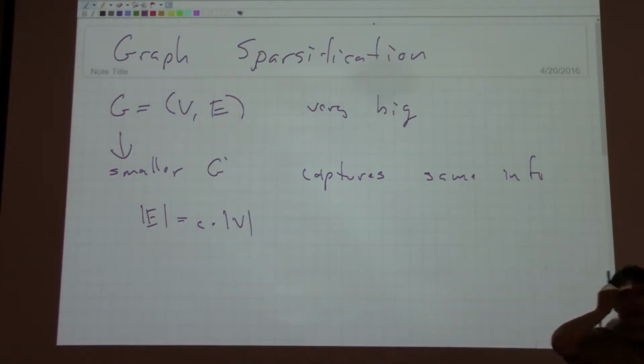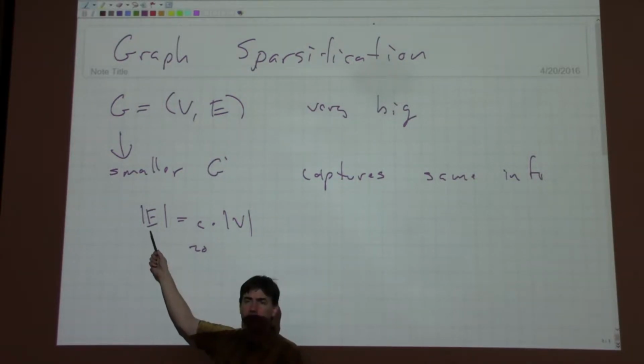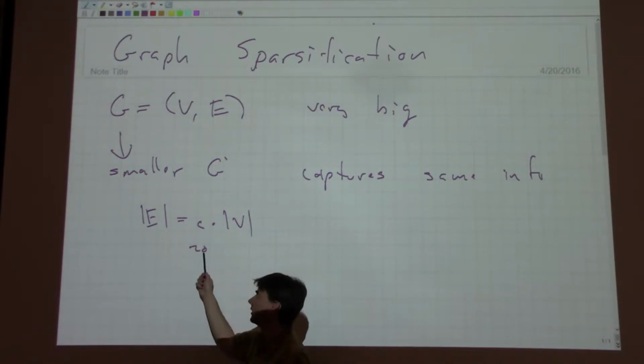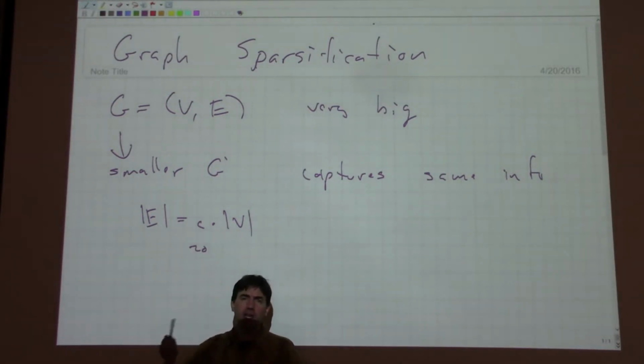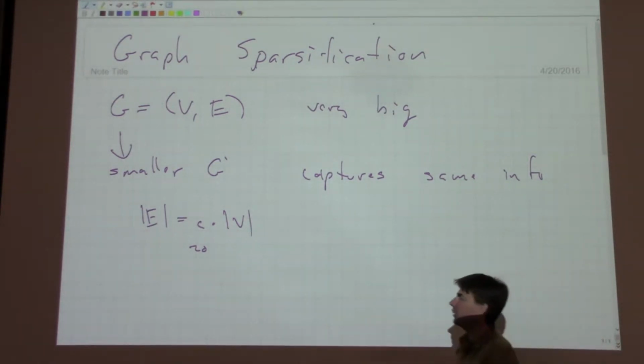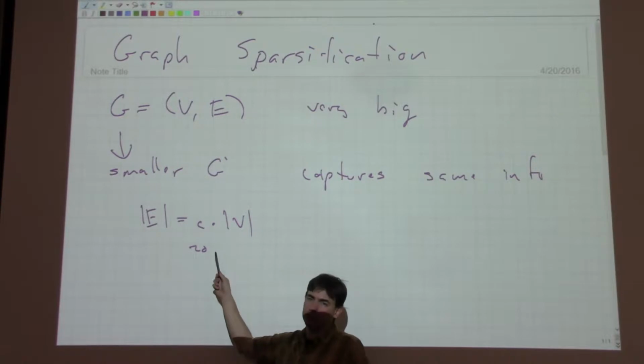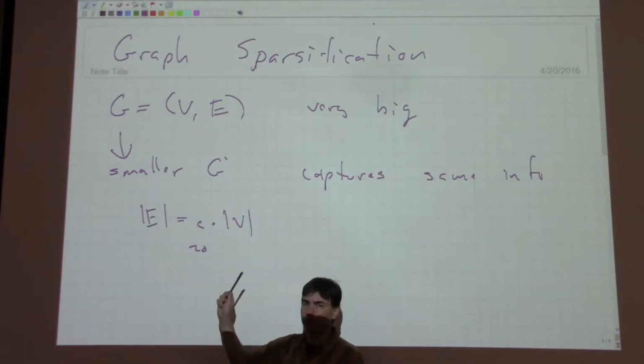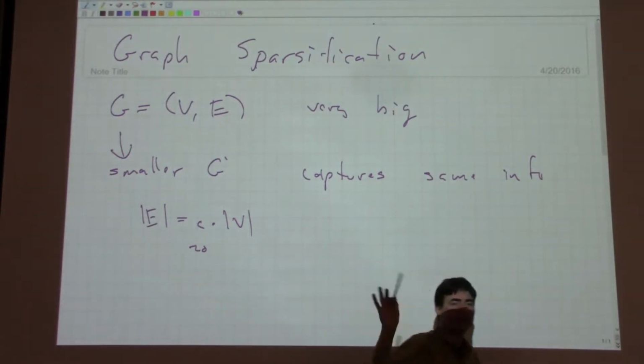Think of Twitter: if you follow someone or they follow you back, either way this gives an edge, and maybe on average someone has 20 followers, so this constant would be 20. Or maybe this would be 10, because a follow back gives one edge, so that'd be an average of 10 followers. Maybe this is only 10, but think of some constant there.